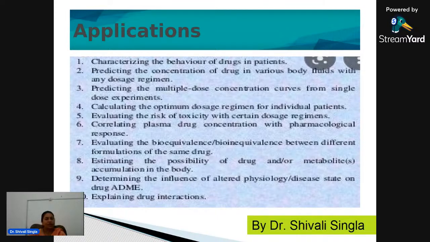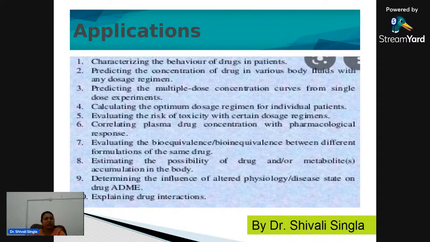In the last slide, we calculated Cmax with the help of these parameters. Cmax is the maximum concentration of drug in blood. If Cmax reaches a toxic level, these parameters will alert us that it is reaching its toxic level. So the toxic level can also be estimated with the help of compartment modeling or these parameters.